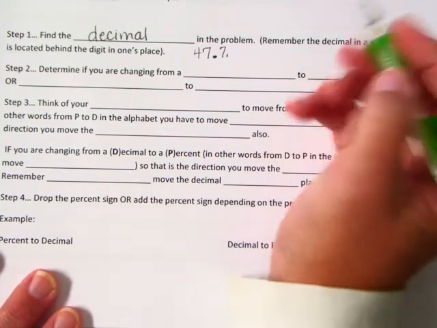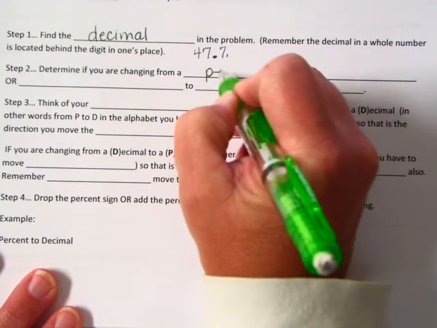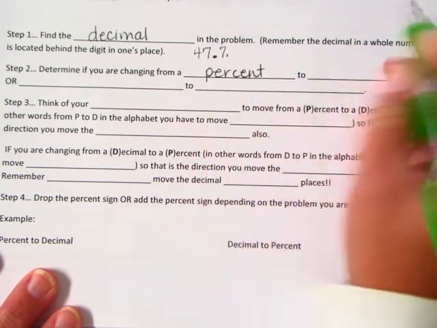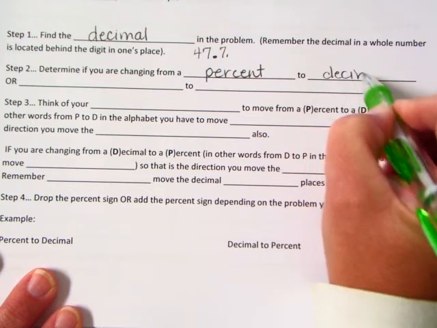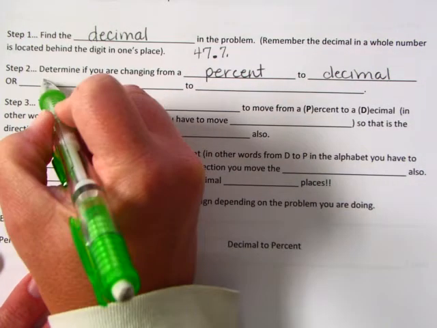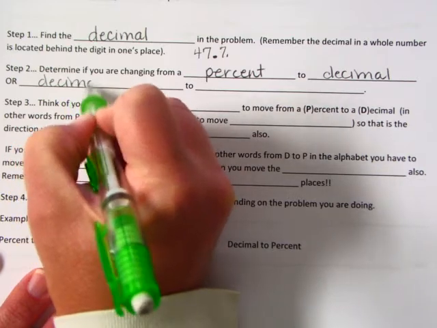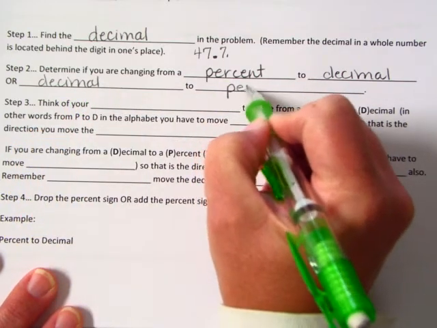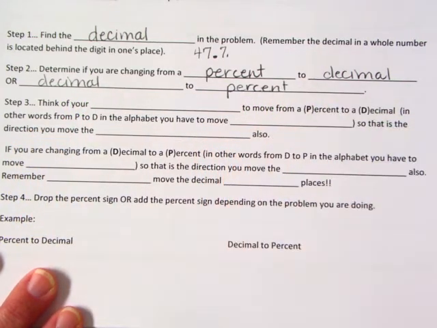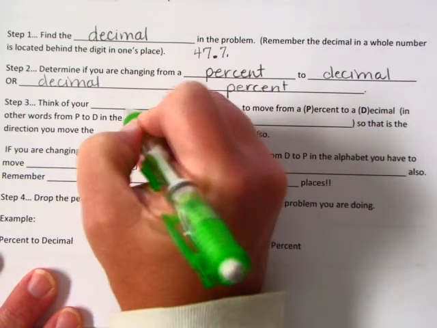Determine if you are changing from a percent to a decimal or a decimal to a percent. You have to know which direction you are going. Think of your ABCs.